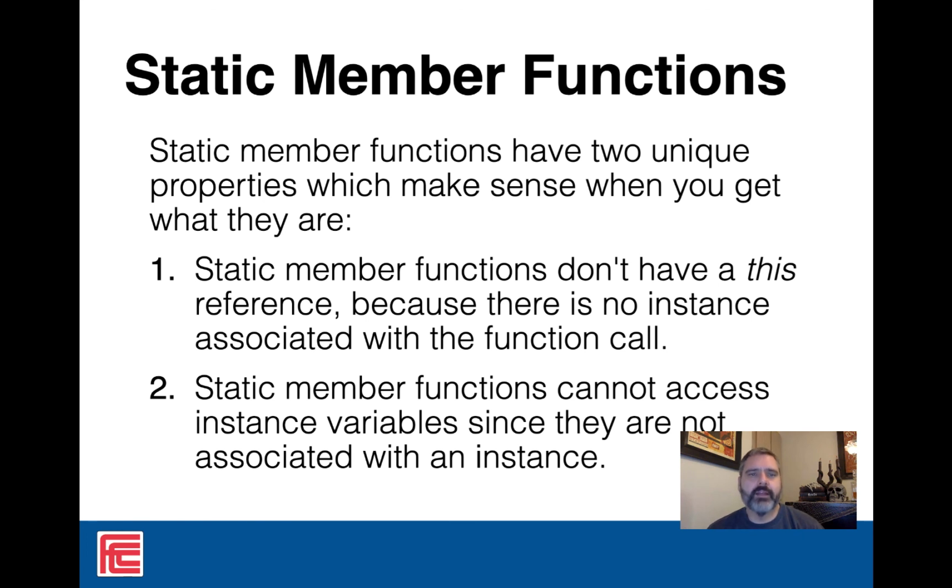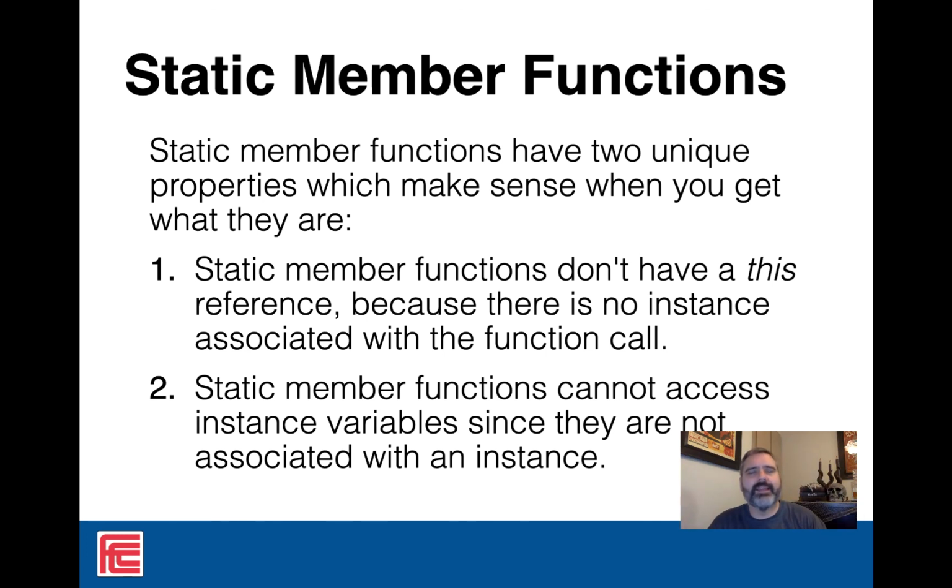So hopefully this makes sense to you, right? A static function is going to lack a couple things that a regular instance function will have. For instance, there is no this reference for a static function. And that's because there is no instance to have a reference to, right? You're calling this on the class, not on the instance.